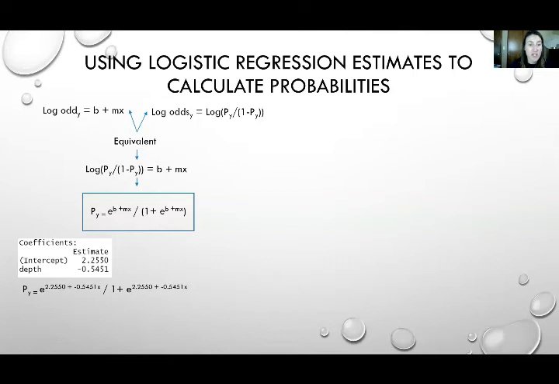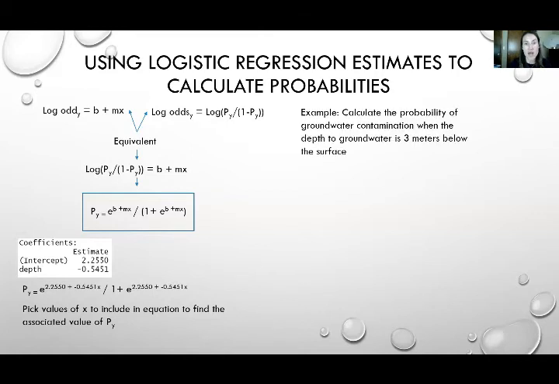And that whole thing is divided by 1 plus this same exact thing, e to the 2.255 plus minus 0.5451 times X, our depth to groundwater in meters. And so what you can do is plug in any value now for X and calculate the probability, or how I refer to it here, the risk for groundwater contamination in this circumstance.